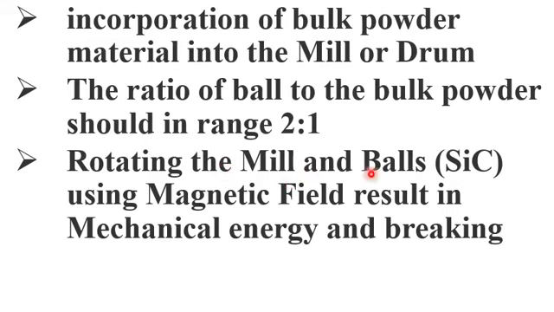Students, please note that the nature of balls used in ball mill apparatus will depend on the nature of the bulk material which we want to convert into a nanoparticle.